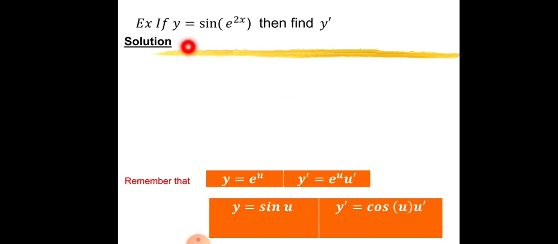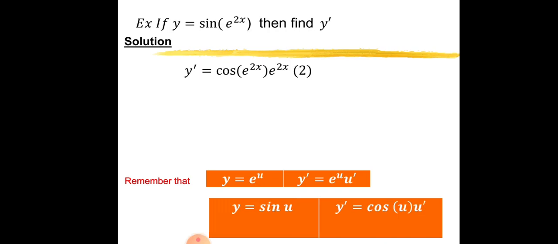Another example, if y equals sine e to the power 2x, then find the first derivative y prime. I know that the derivative of sine is cosine, but you have to consider the chain rule because it is not sine x, it is sine e to the power 2x.